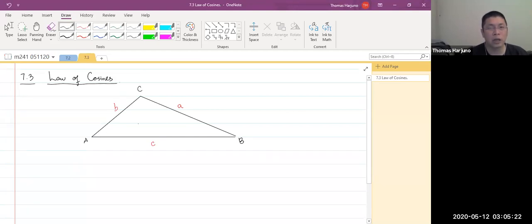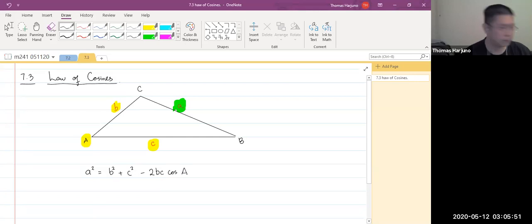Suppose we know two sides and the included angle. Then we can use the law of cosines to find the opposite side. So a squared equals b squared plus c squared minus 2bc cosine A. Now that's the law of cosines.